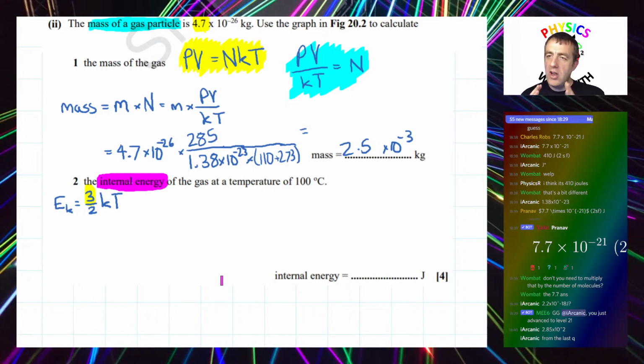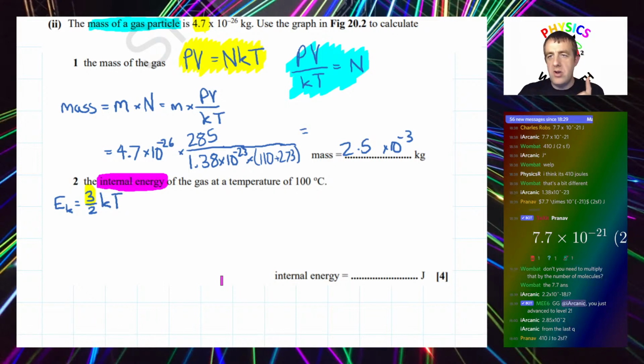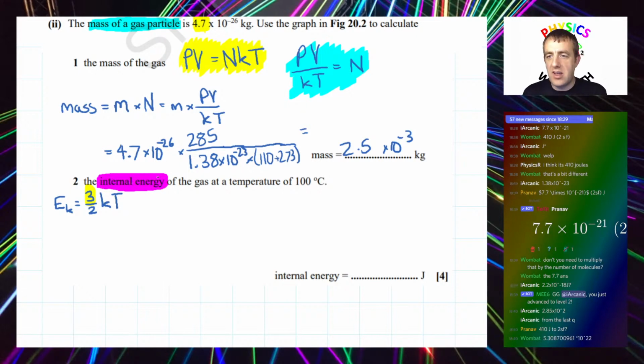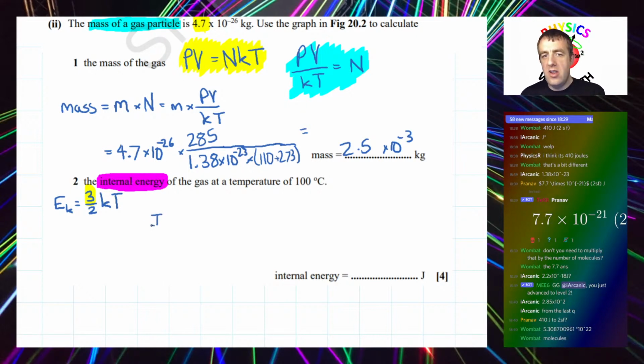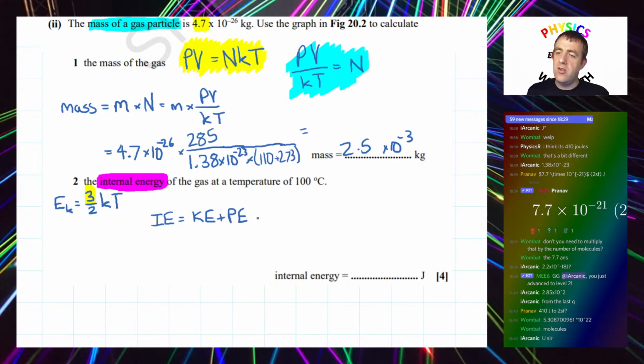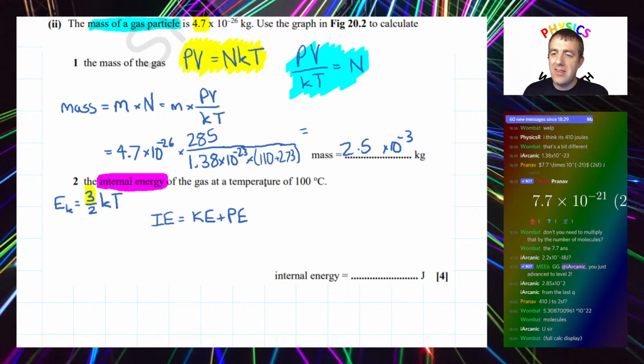Yeah, so internal energy is made of two components. There's two things that come together to make internal energy. Internal energy, and I'll just use IE, that's not an official notation. That's going to be the total kinetic energy and the total potential energy of all of the particles within our system. But in an ideal gas, there's no intermolecular forces.